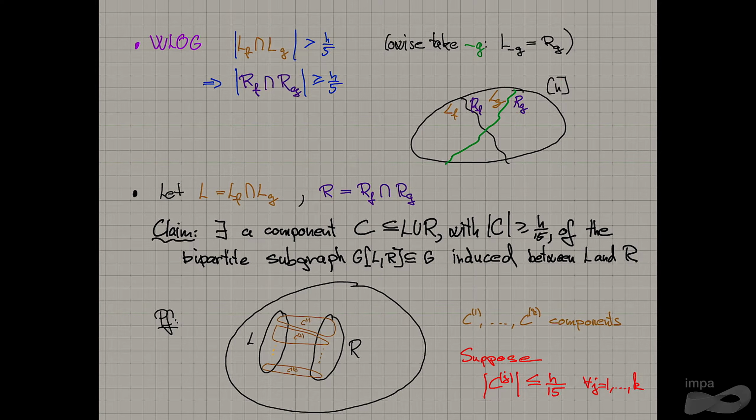So L and R are two subsets, and we delete every edge, just leaving the ones in between. Now this might have some components, I don't know what. Here you can see the components of this bipartite graph. Okay, so there are k of them. And I'm looking for a big one. I want a big component which is at least n over 15 big.